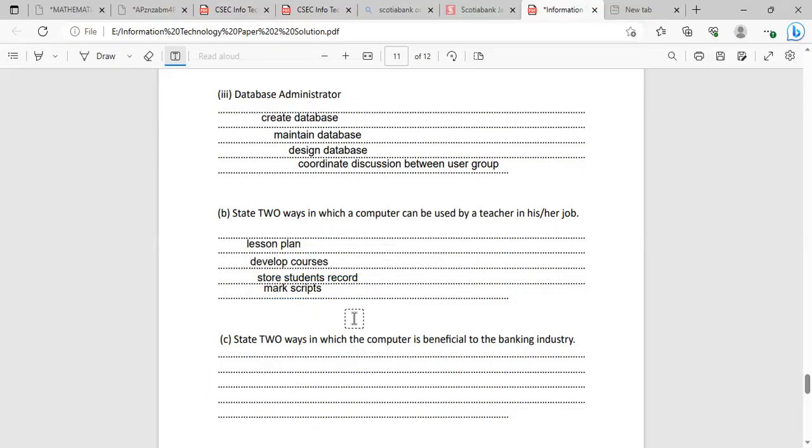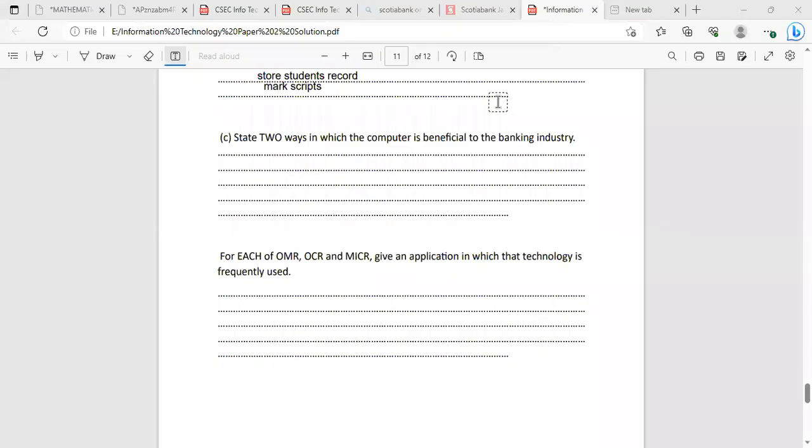All right. Next one says state 2 ways in which a computer is beneficial to the banking industry. Let's go. All right. 2 ways in which a computer is beneficial to the banking industry. All right.